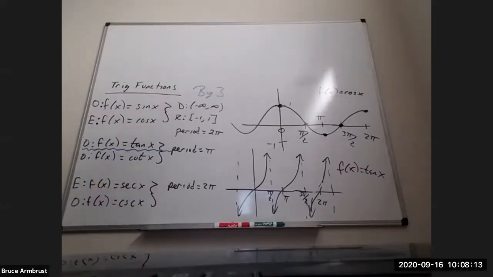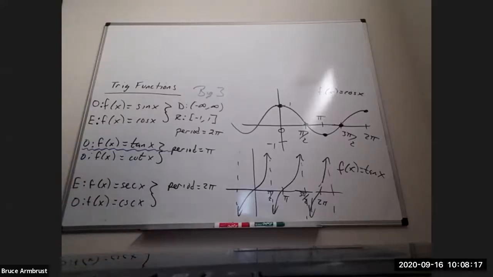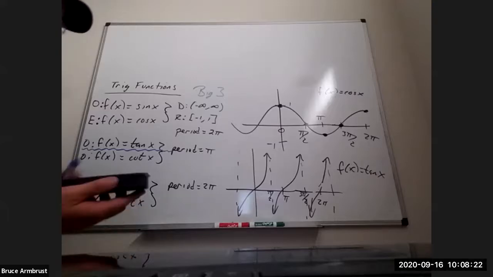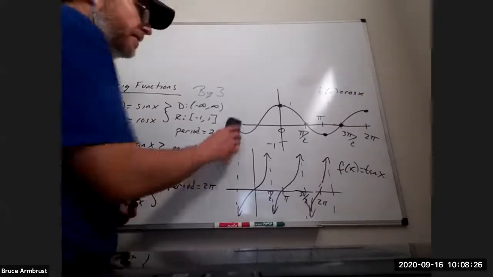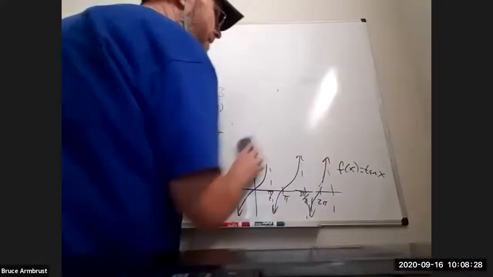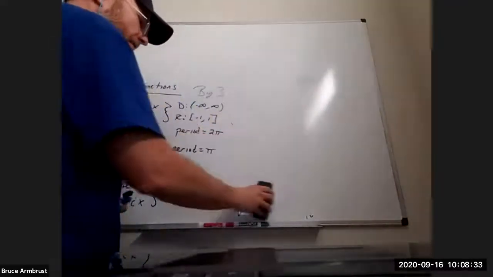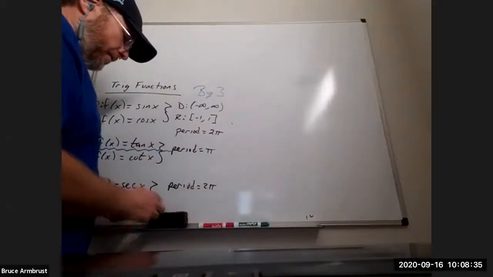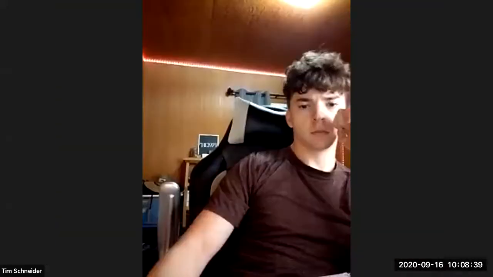So the other big thing that I want you to remember from trig, that's going to matter for later, are the identities. Let me really quickly remind you of a couple of identities, and these are ones that you're going to use a lot. First are the reciprocal identities.